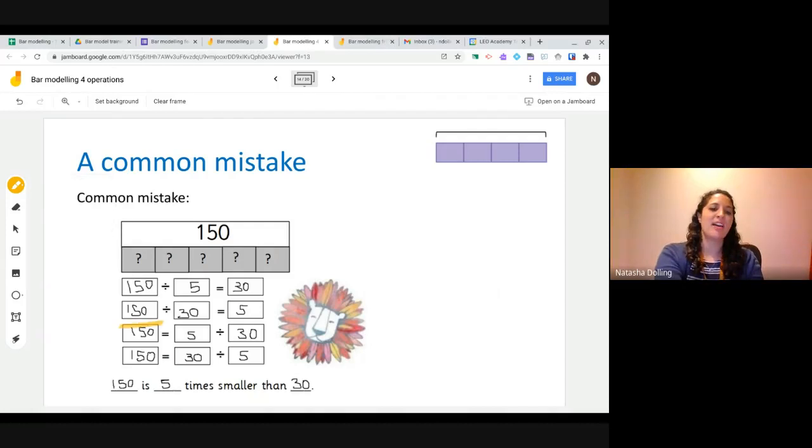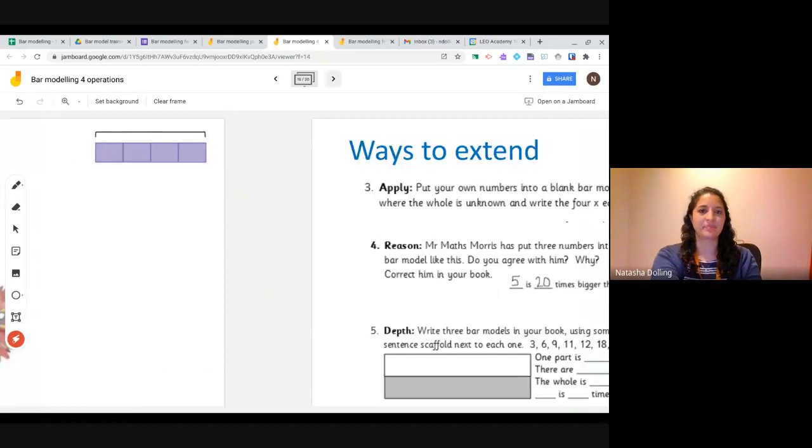They've kept the 150 there, just like with the multiplication equations, where you always do have your whole on either side of the equal sign. They've mistaken the fact that multiplication is commutative, but division is not. You cannot just plonk the parts in either side of either direction and get the same answer. It does not work. So that's a common mistake that often comes up.